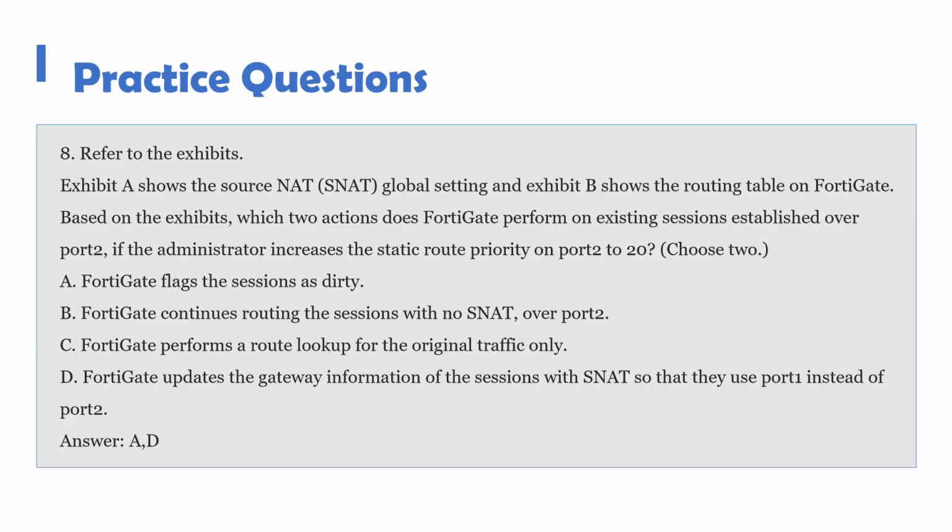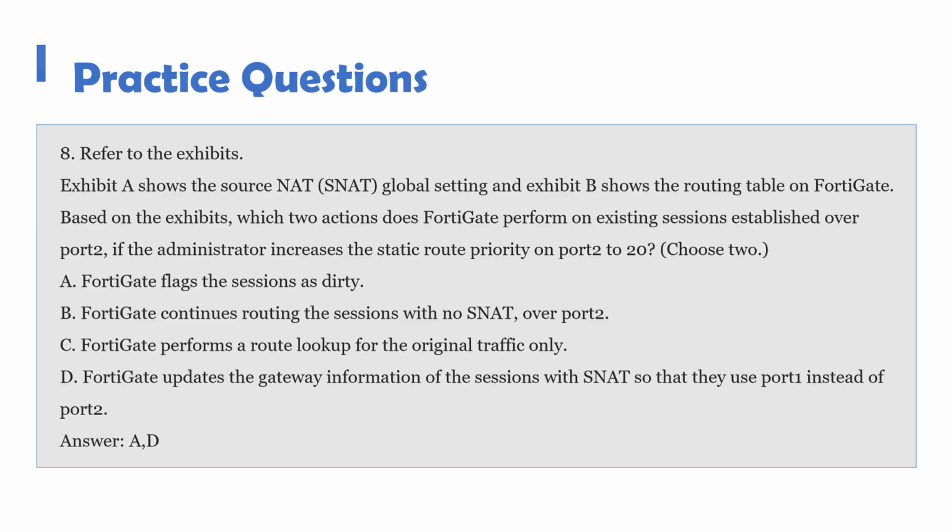8. Refer to the exhibits. Exhibit A shows the source NAT, SNAT, global setting, and Exhibit B shows the routing table on FortiGate. Based on the exhibits, which two actions does FortiGate perform on existing sessions established over port 2, if the administrator increases the static route priority on port 2 to 20? Choose 2.